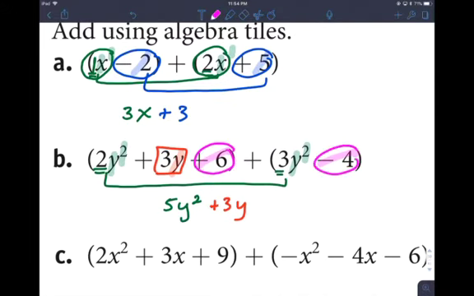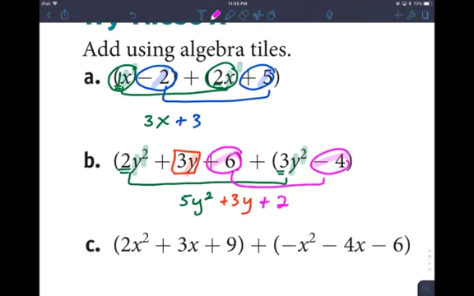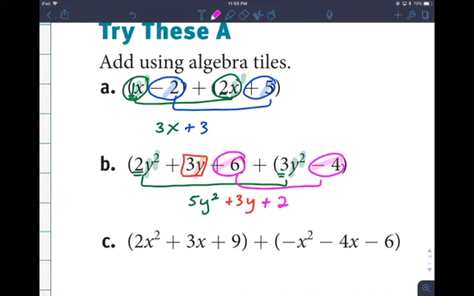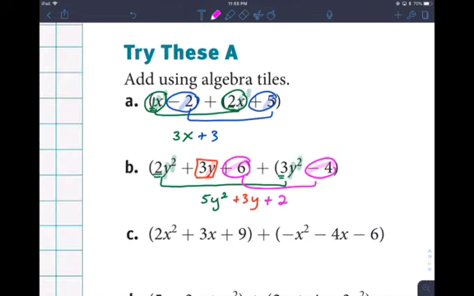And there's my like terms, plus 6 minus 4. Again, plus 6 minus 4 is going to be plus 2. So there it is, adding polynomials. Now let me talk about subtracting polynomials, because again, there's a trick to it, but essentially the idea is the same.